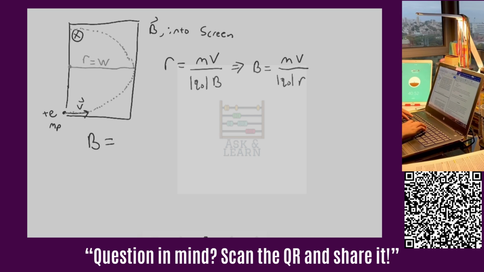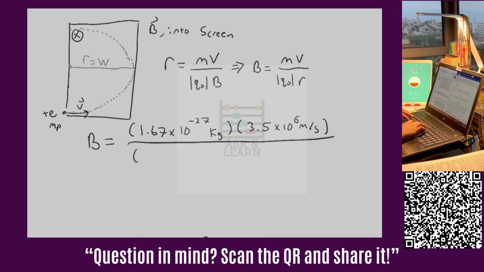So the magnitude of the magnetic field we need here is going to be given by the mass of our proton, 1.6 times 10 negative 27 kilograms, multiplied by how fast it's traveling in the mass spectrometer, 3.5 times 10 to the 6 meters per second. Then we're going to divide this by the elementary charge of a proton, 1.6 times 10 to the negative 19 coulombs.